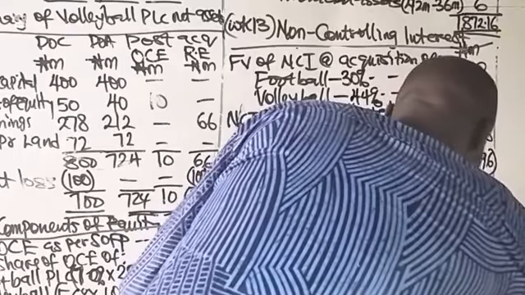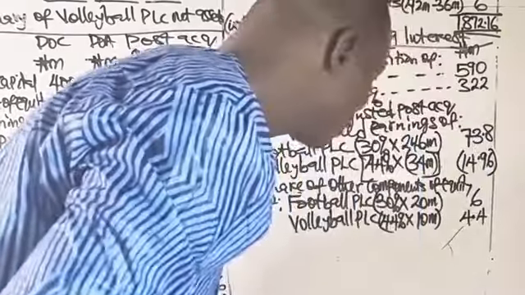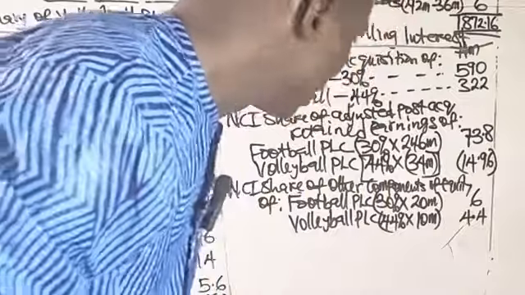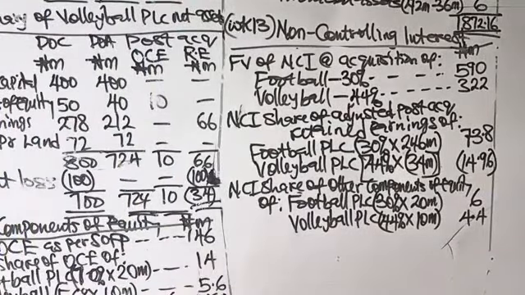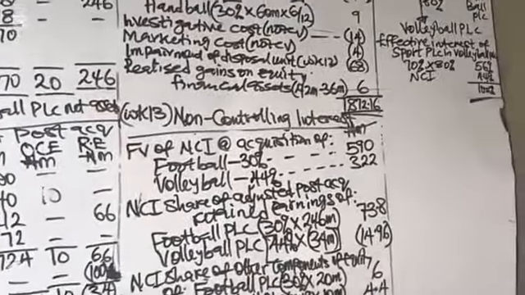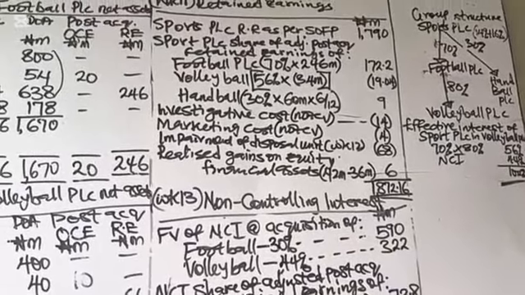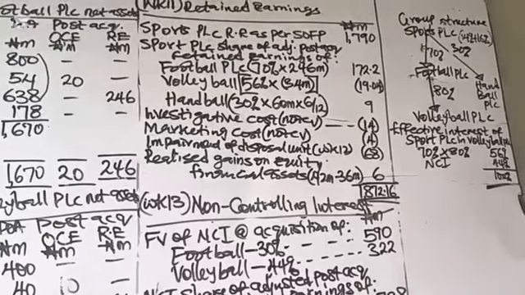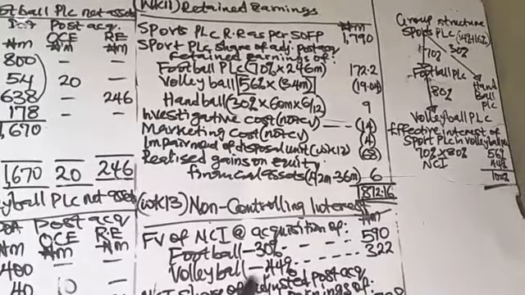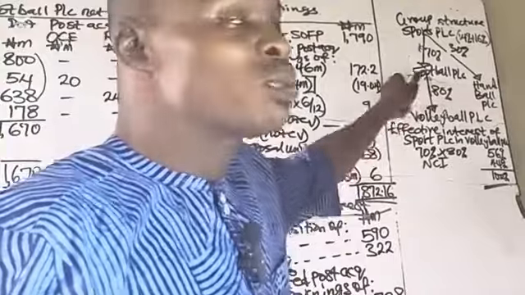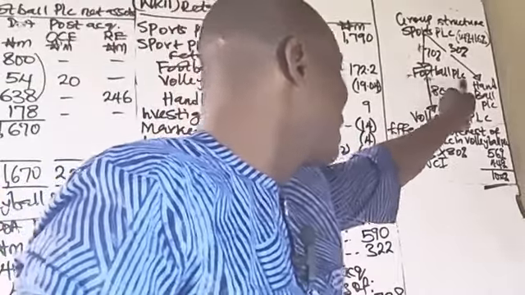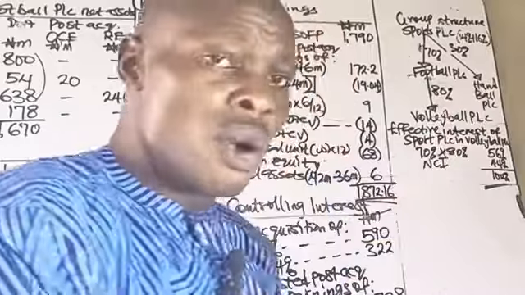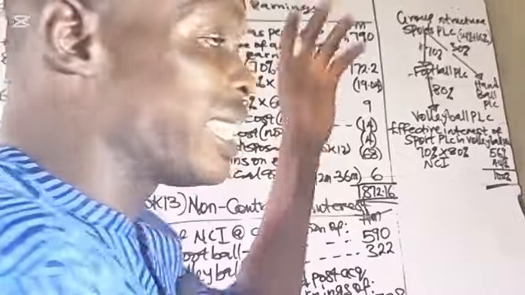4.4 million. Remember, I've told you that the investment of the subsidiary in the sub-subsidiary company will be shared between the parent company and the NCI. Football is the subsidiary. The investment of football PLC in volleyball PLC will be shared between the parent company and NCI.